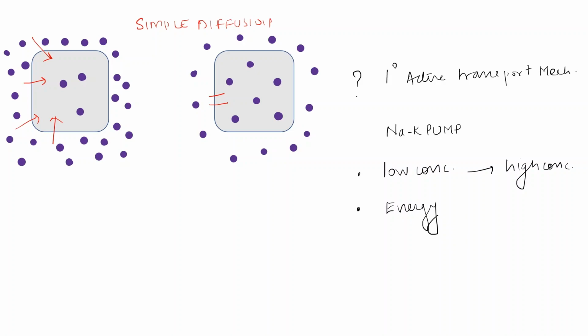That is why we call the sodium-potassium pump an example of active transport mechanism, because here the ions move against the concentration gradient with the use of energy, and this energy is utilized in the form of ATP molecules, which is broken down into ADP and inorganic phosphate, right? That is why we call it primary active transport, because the energy is directly obtained by breaking down of ATP molecule, and the pump itself has ATPase activity. Therefore, the pump is also called sodium-potassium ATPase.